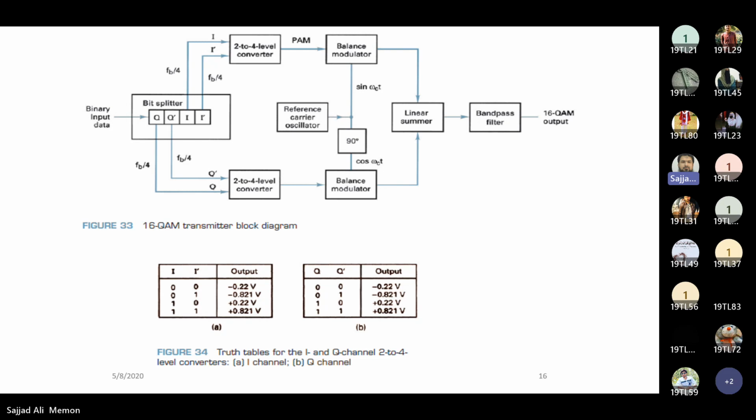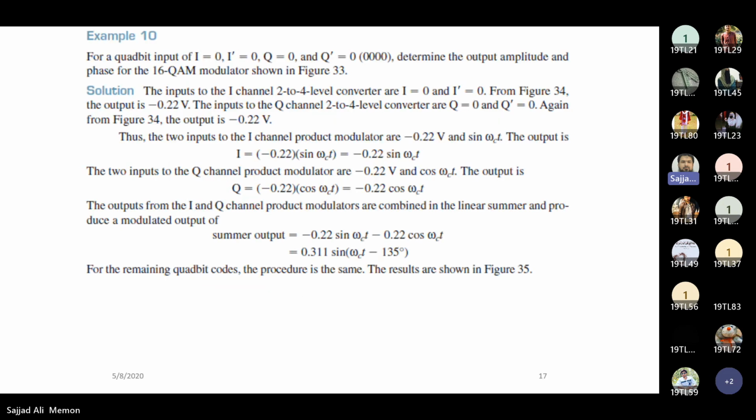So these will be the 16 outputs from the 16 QAM modulator. So for a quad bit, 4 outputs, 4 zeros.